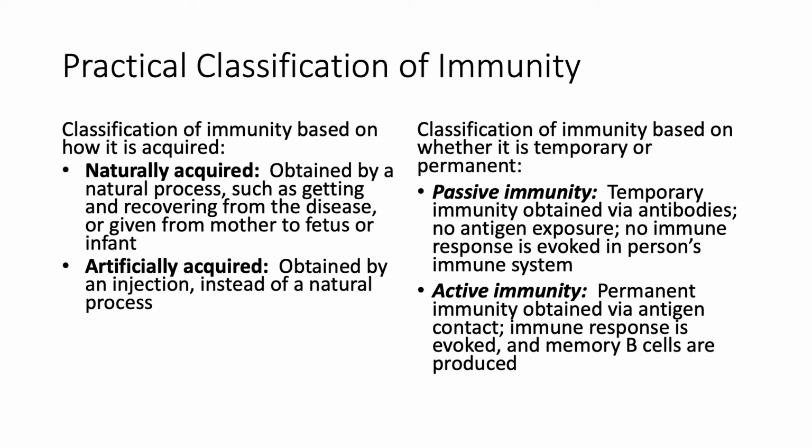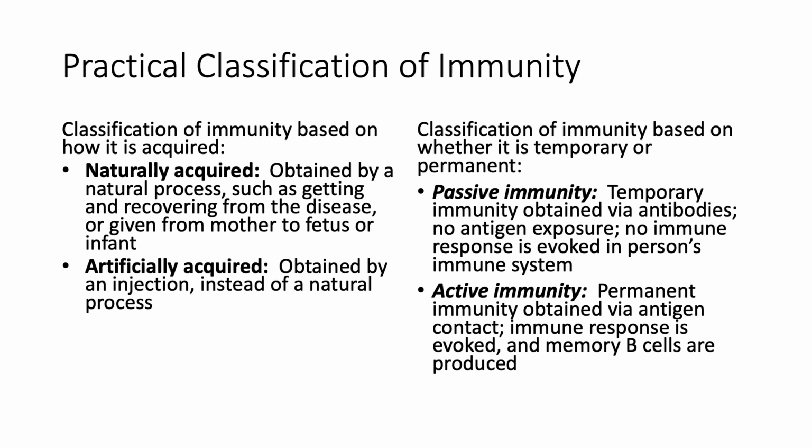And at the same time, classification of immunity is based on whether it is temporary or permanent. If it's temporary, we call this passive immunity, a temporary immunity obtained via antibodies. No antigen exposure, so no immune response is evoked in the person's immune system.